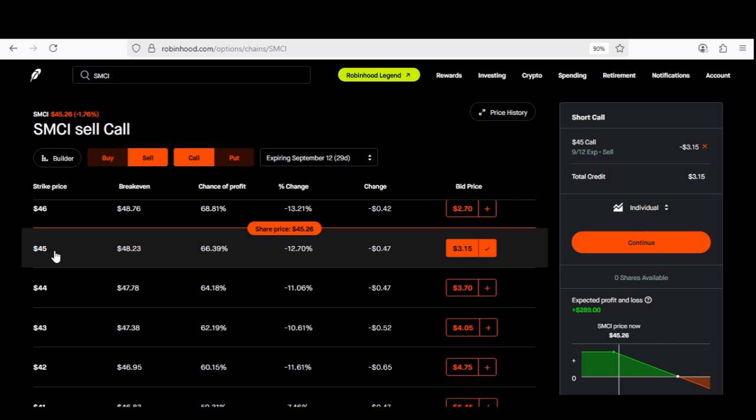That $5 you're going to multiply by 100 shares. Remember, we initially started off by saying each option contract does contain 100 shares. So you multiply your $5 by 100 shares, that's going to give you $500. So in addition to your cash flow of $315, you're also going to get some investment gains of $500.